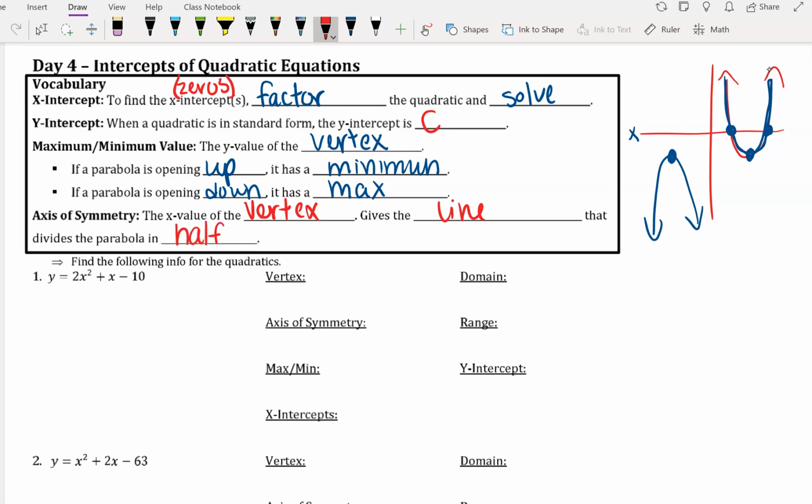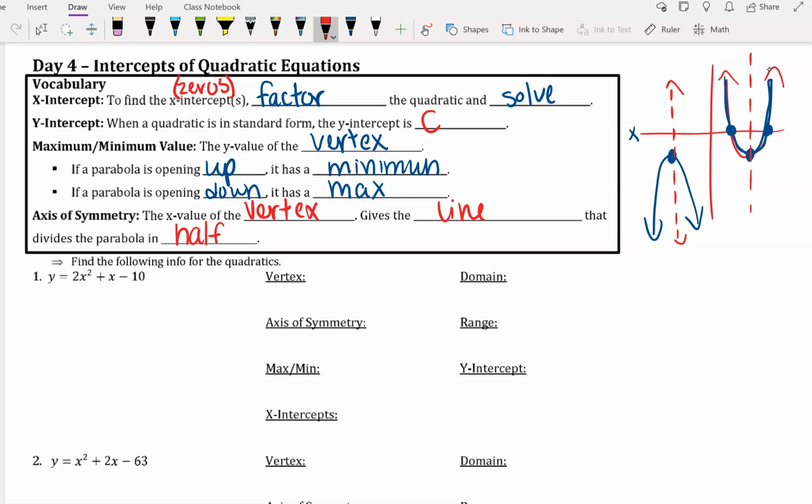Your parabolas should always be symmetrical, meaning you could fold them in half and they'd be the same on either side. The axis of symmetry is a little dotted line that you can draw right through the vertex. If you folded the parabola over that line, you should get the same thing on both sides. Obviously, my parabolas aren't perfect. So this is the axis of symmetry here. And you can always find that by the x coordinate of the vertex.